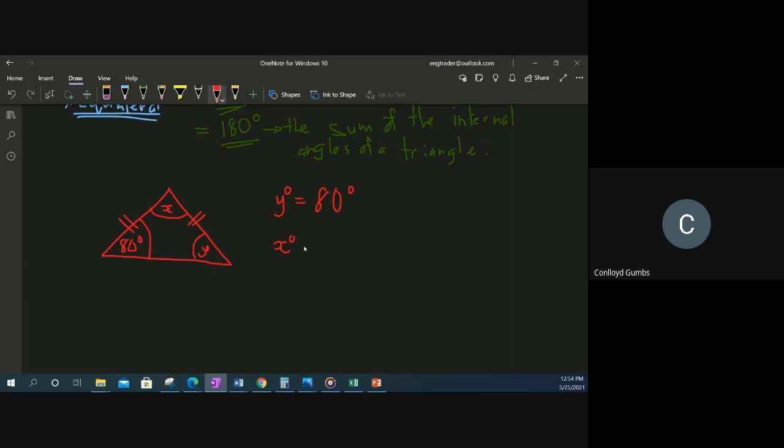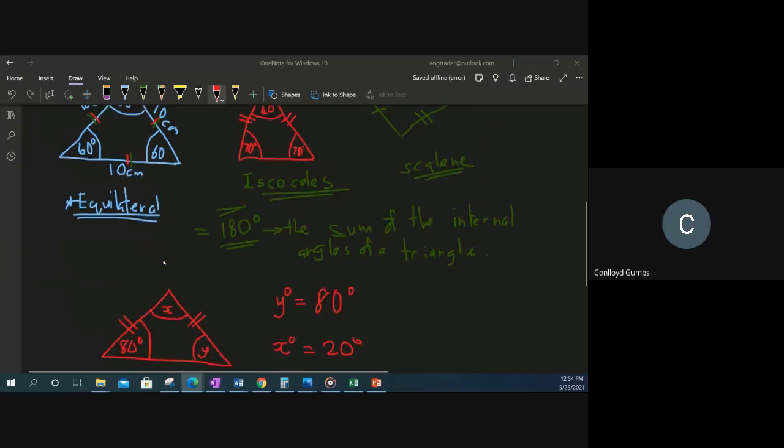Nice, 20, excellent. So the way you would have figured that out is because you know that a triangle adds up to 180 degrees.